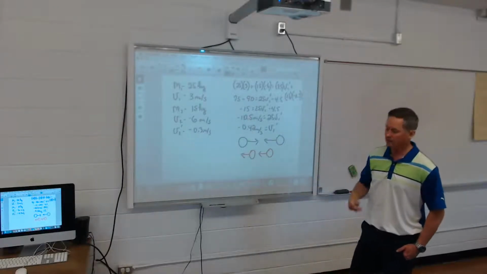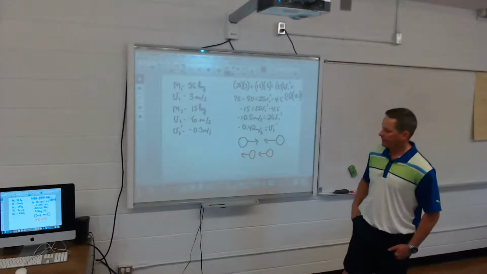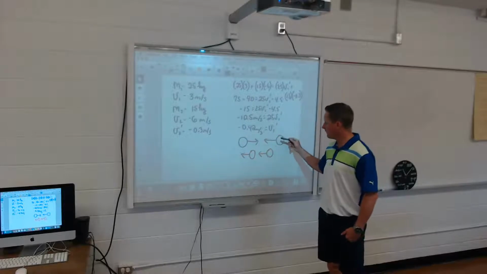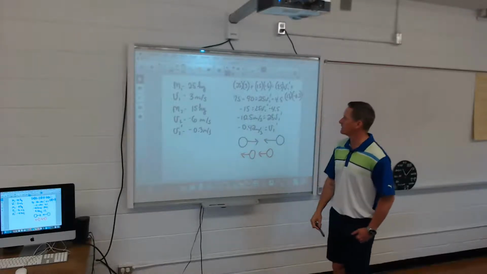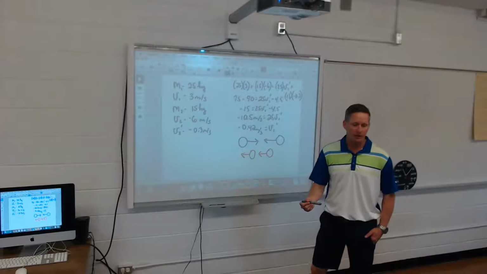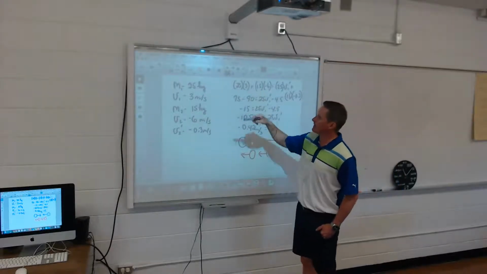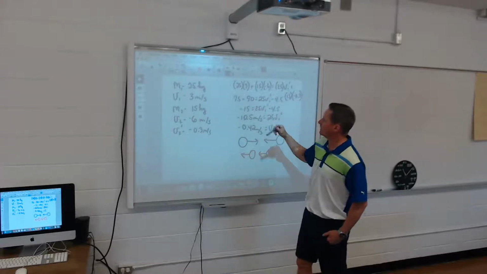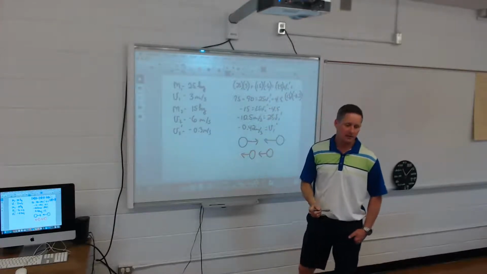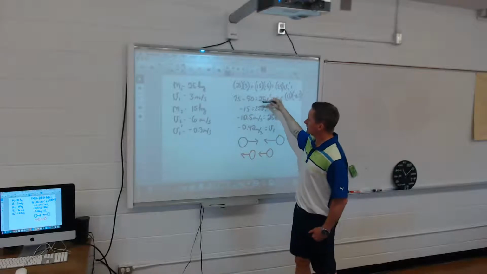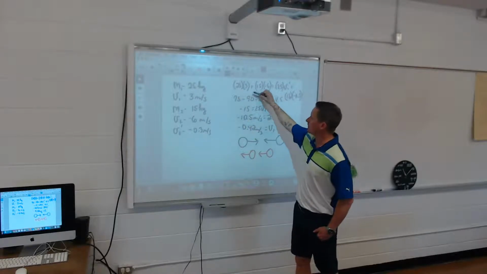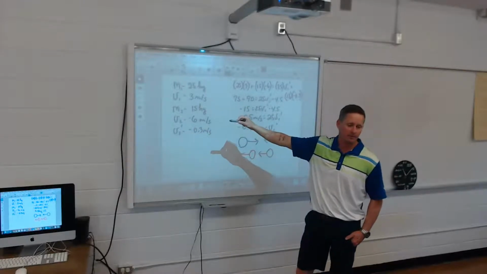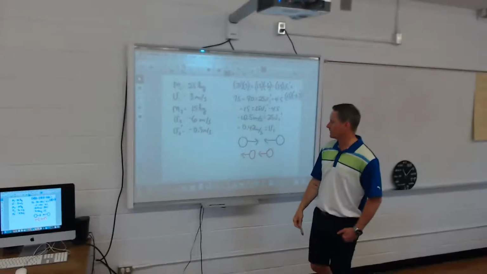They both hit, and this one has greater momentum than this guy. Therefore, it's going to move it backwards. Just looking at the start of the question, this guy has 75 kilogram meters per second of momentum. This guy has 90, and they're moving in opposite directions. So it should make sense that when they collide, the one with the larger momentum is going to move the other one with the smaller momentum. That would make sense for this question.